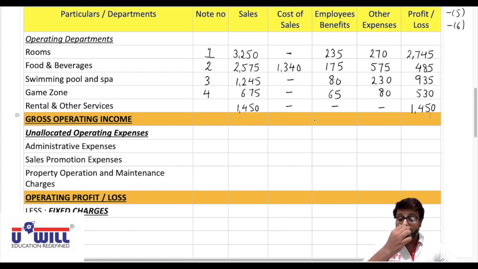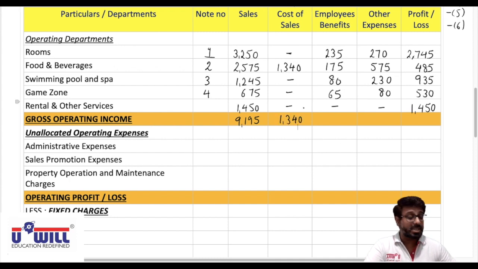Now first we'll do the gross operating income. So 3250 plus 2575 plus 1245 plus 675 plus 1450. What is the total revenue of the entire hotel? 9195. Cost of sales are 1340 only.